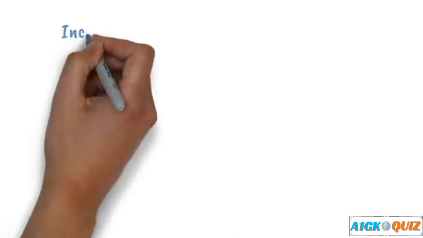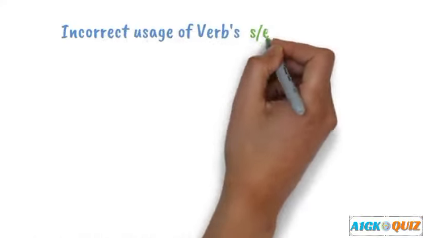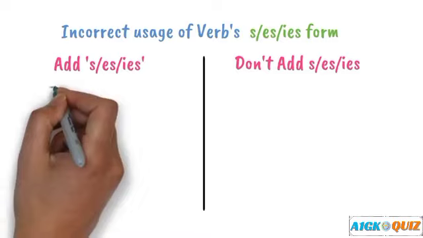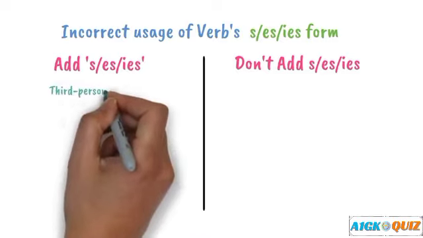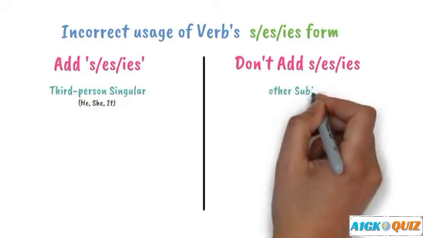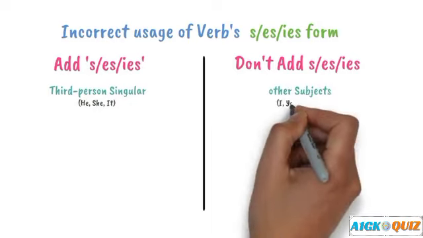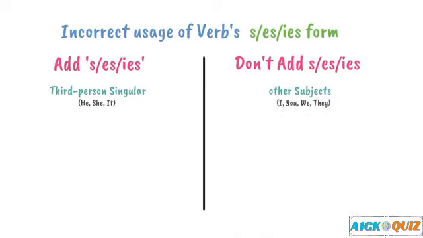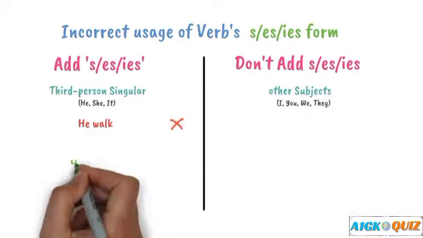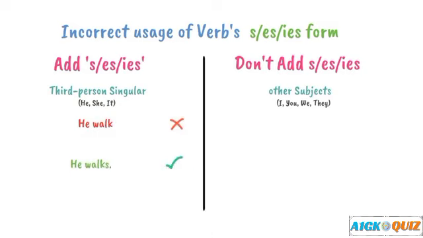Mistake number 2, incorrect usage of the verb's s, es, ies form. Add s, es, ies in case of singular third person subjects only, which are he, she and it. Don't add s, es, ies with other subjects like I, you, we, they. So, he walk is incorrect, while he walks is correct.